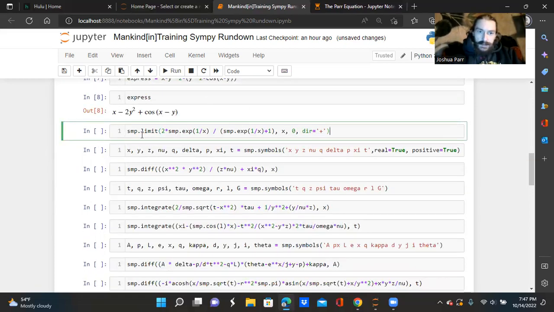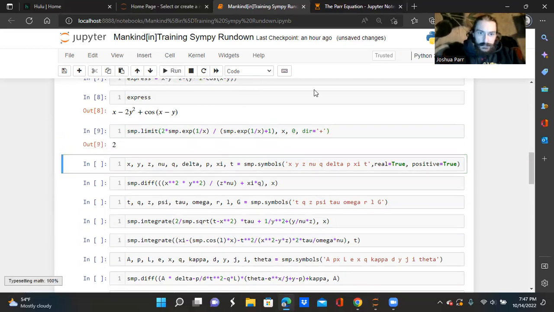This is how you would do that with the smp.limit function. And I'm taking the limit of 2 times the exponent 1 over x divided by the exponent 1 over x plus 1, as x goes to 0 from the positive side. And it's given me my limit.